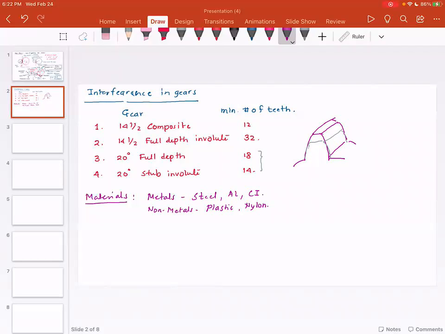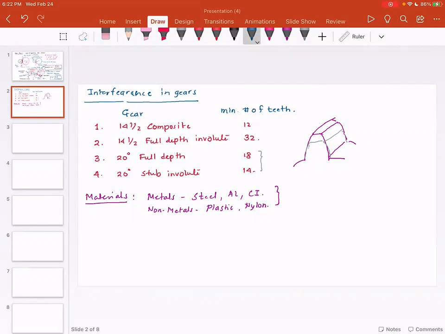And it completely depends upon the characteristics that we want. So for an example, depending upon what wear characteristics we want, what strength characteristics we want, what is the size of the gear, what is the operating range of the gear, what is the use of the gear, what is the duty factor on the gear. So there are different materials.